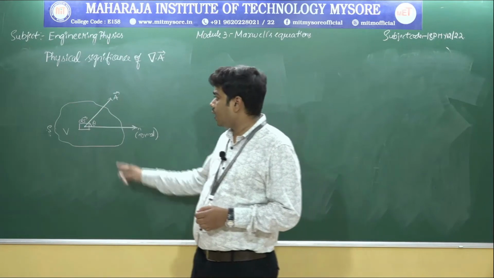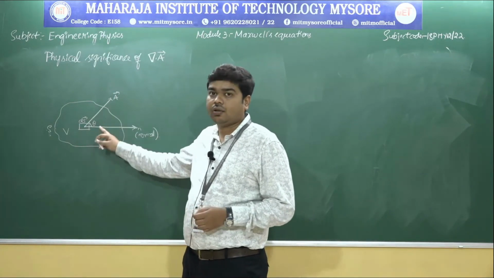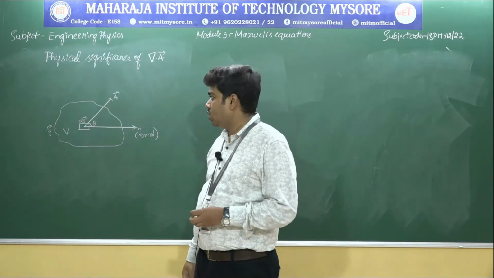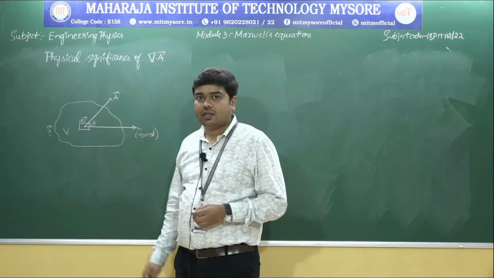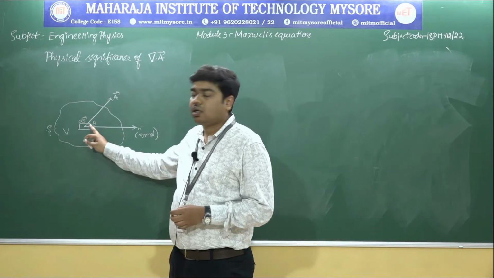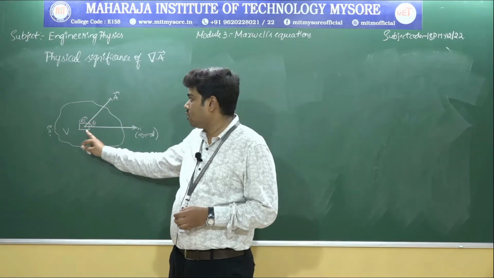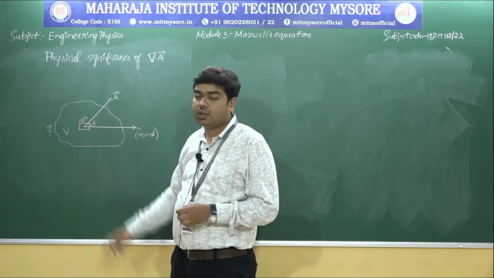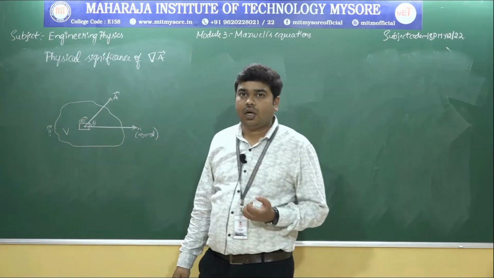Let theta be the angle formed between the vector A and the normal drawn to the surface S. In order to find out the physical significance of that particular vector A, we will consider a small elemental surface ds at that particular point from which the vector A is drawn.